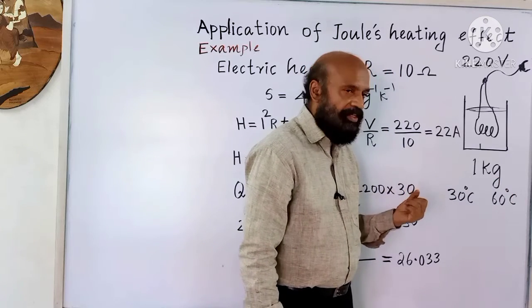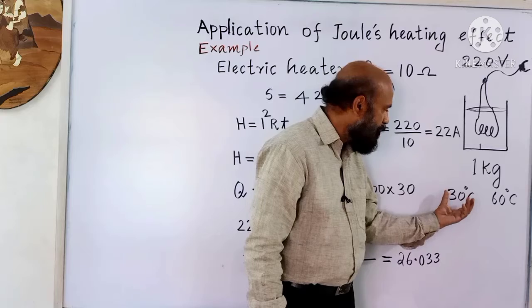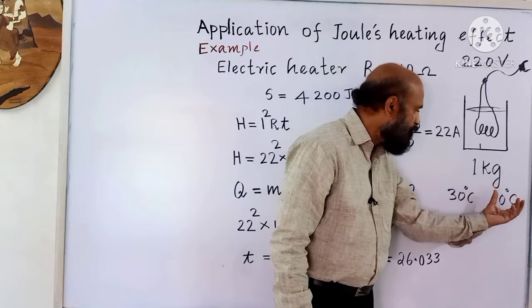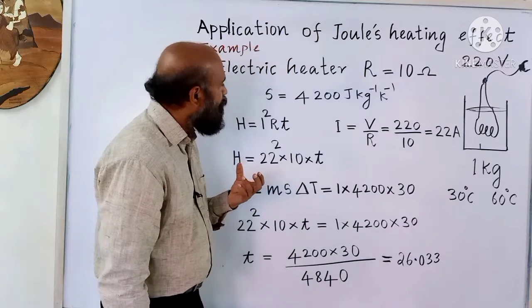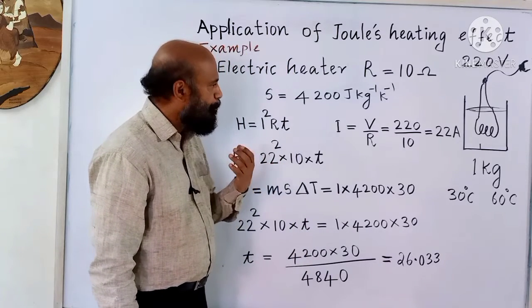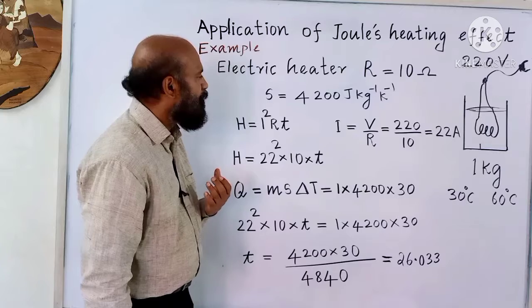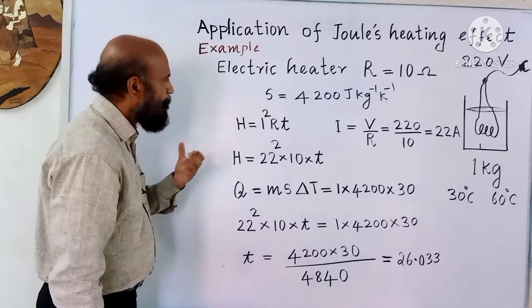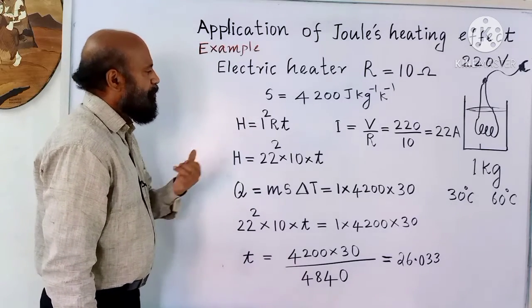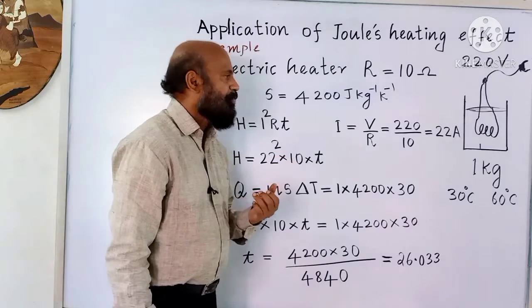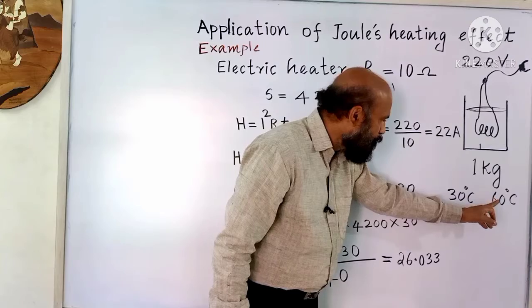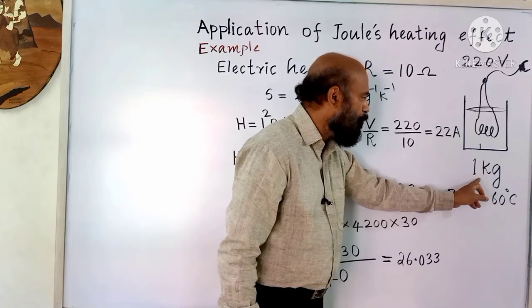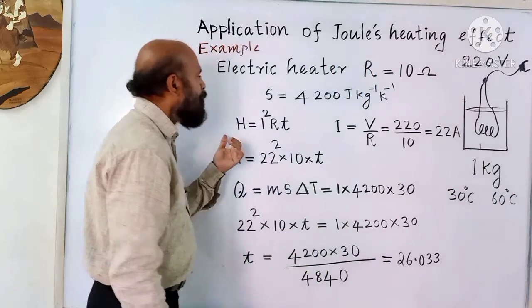Its temperature is to be increased from 30 degrees Celsius to 60 degrees Celsius. The question is, how long do we have to pass current? Let us find the time required to raise the temperature of 1 kilogram of water from 30 degrees Celsius to 60 degrees Celsius.